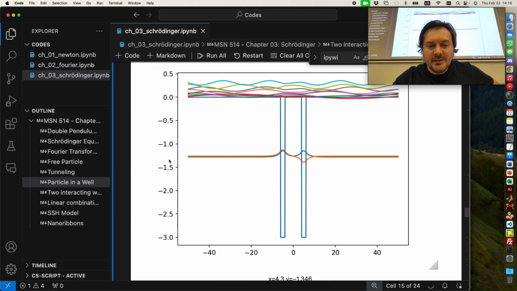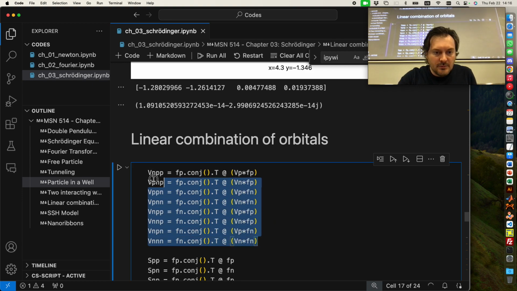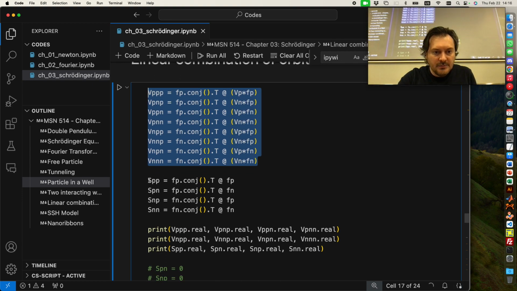Now VPP is Fp conjugate transpose, dagger, times Vp times Fp. Good? Did you follow all this? And you have all this over here and all this over here.